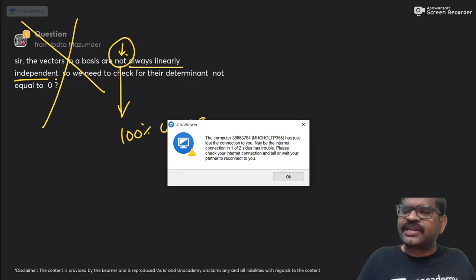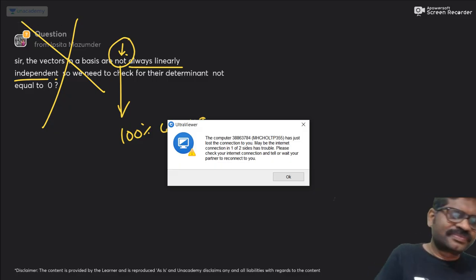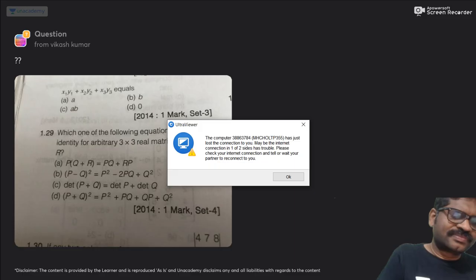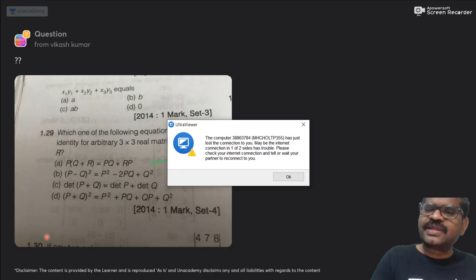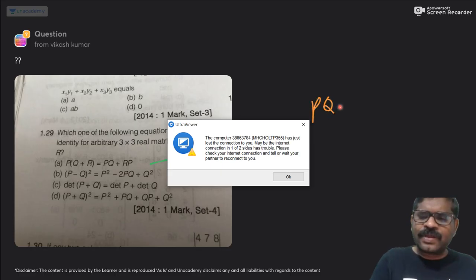One question again, because it is a problem designed on a simple concept. In matrix theory, PQ is not necessarily equal to QP.